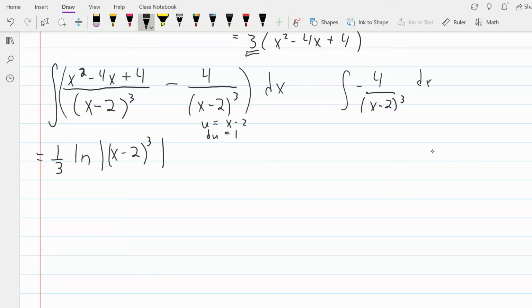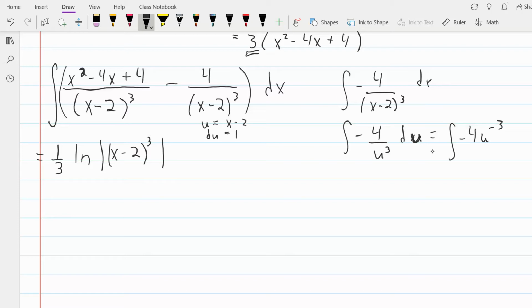We said that it's a U substitution integral, so it's going to be the integral of negative 4 over u cubed du, because our du was 1. So that is equal to the integral of negative 4 u to the negative 3. When you add 1 to the power here, that's going to become a negative 2, and you'll divide by negative 2.